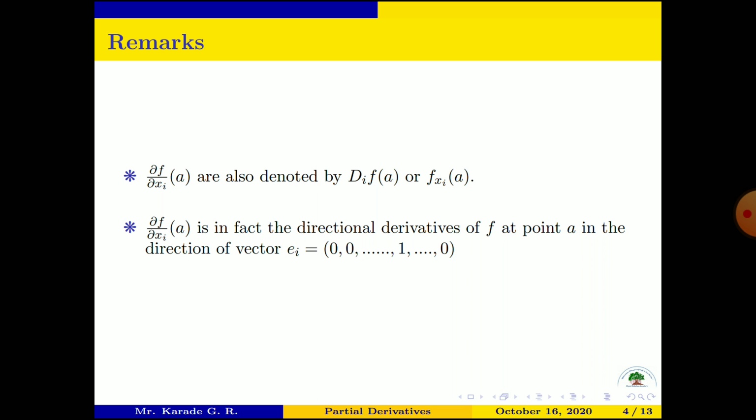So the next remark is partial derivative of f with respect to xi at point a is in fact the directional derivative of f at point a in the direction of the vector ei, which is equal to 0 comma 0 comma dot dot dot comma 1 comma dot dot dot 0.